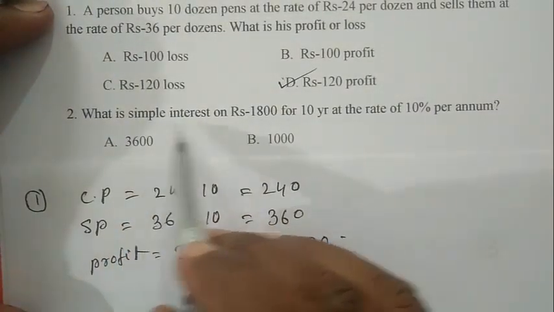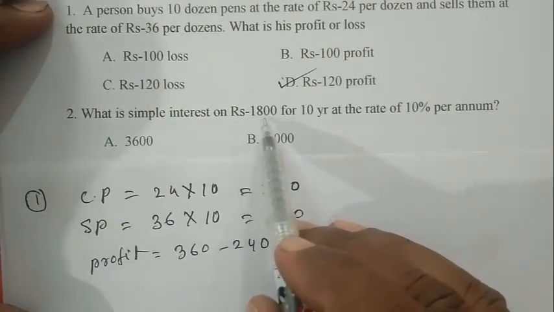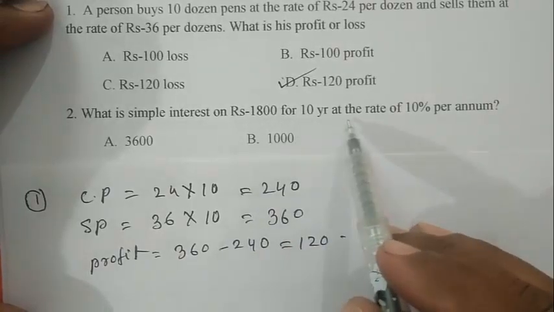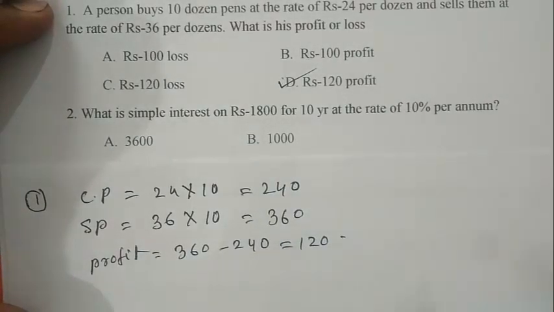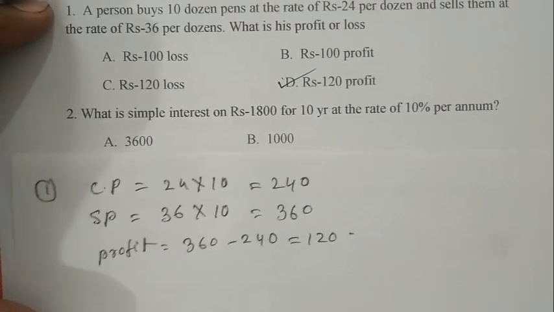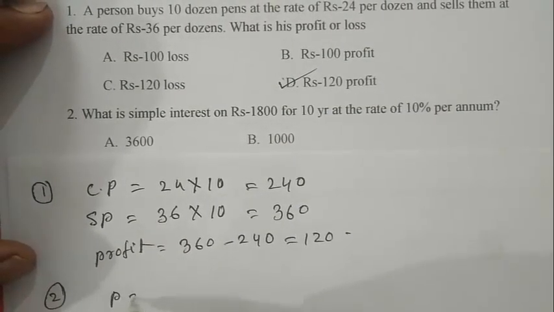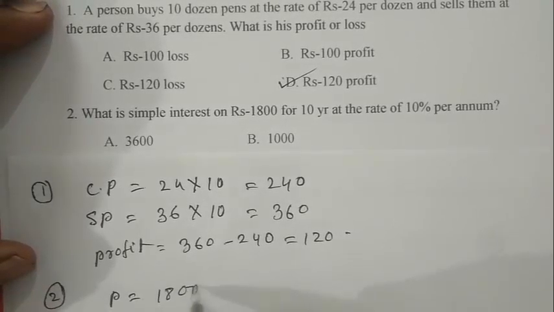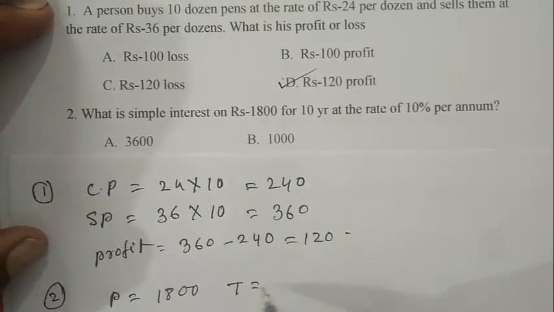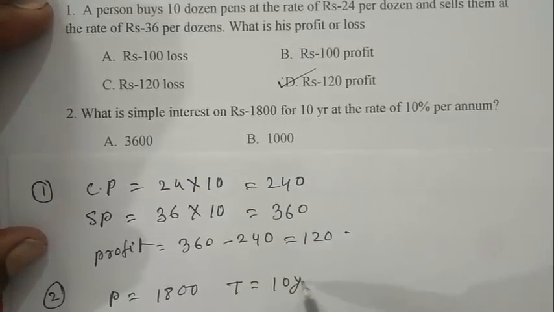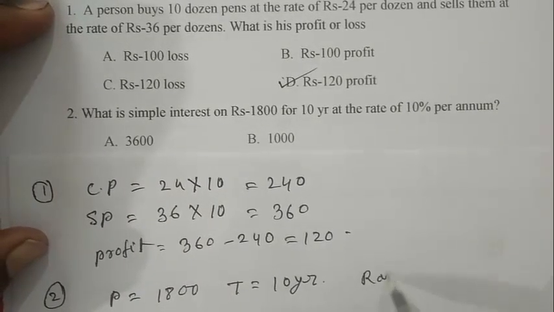What is simple interest on rupees 1800 for 10 years at the rate of 10% per annum? We calculate it from the formula. Principal, that is 1800, time 10 years, and rate, that is 10%.